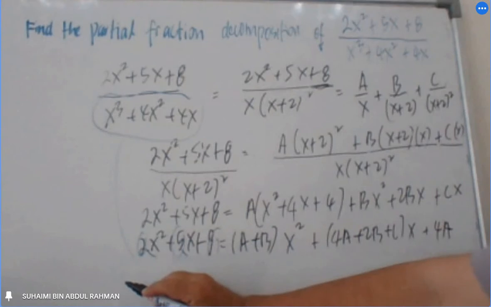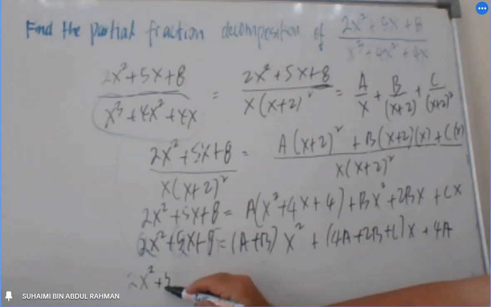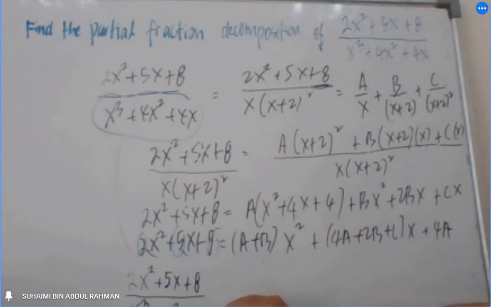Now we can rewrite that to x squared plus 5x plus 8 over x cubed plus 4x squared plus 4x equal to a, which is 2. 2 over x.